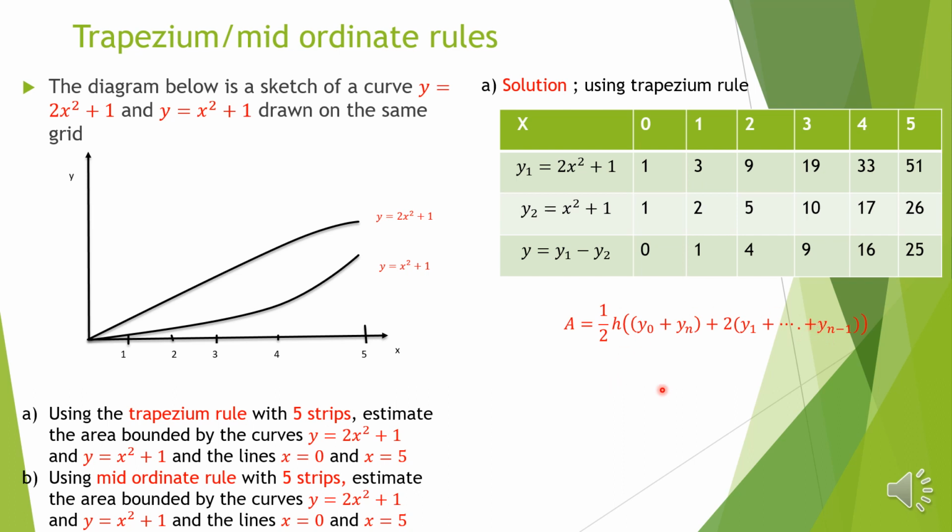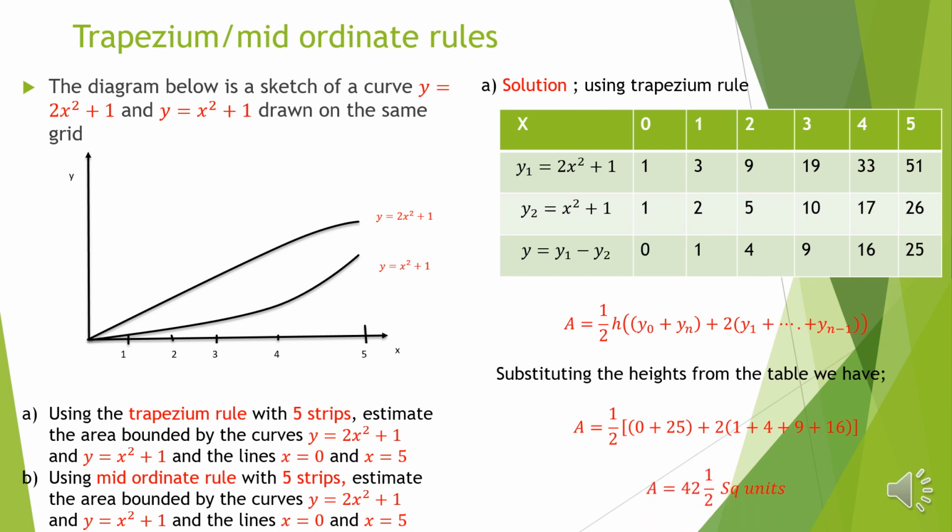Now, by recalling this formula, we will then substitute these heights into it, and by so doing, we have area equals a half of the first height, which is 0, plus the last one, 25, plus twice the mid-heights, which is 1 plus 4 plus 9 plus 16.